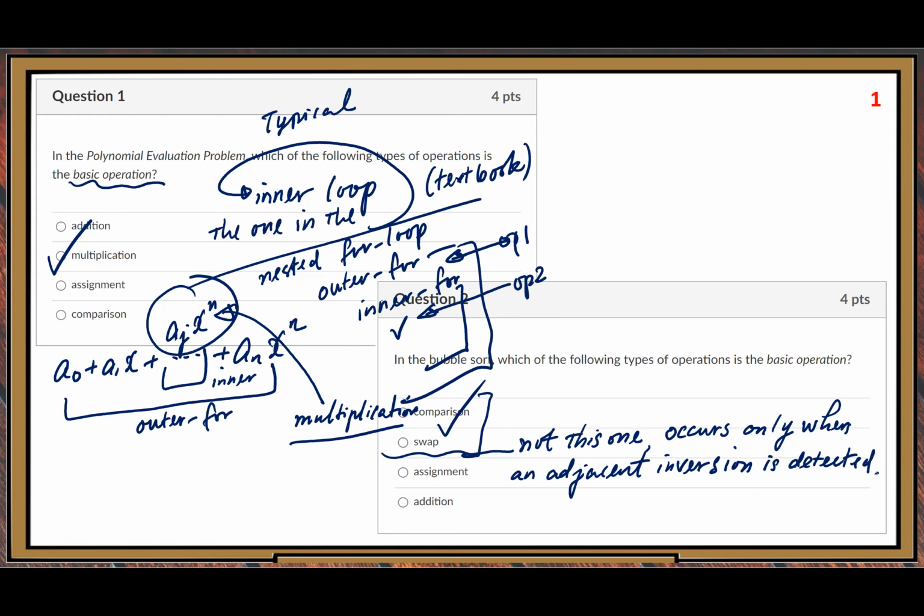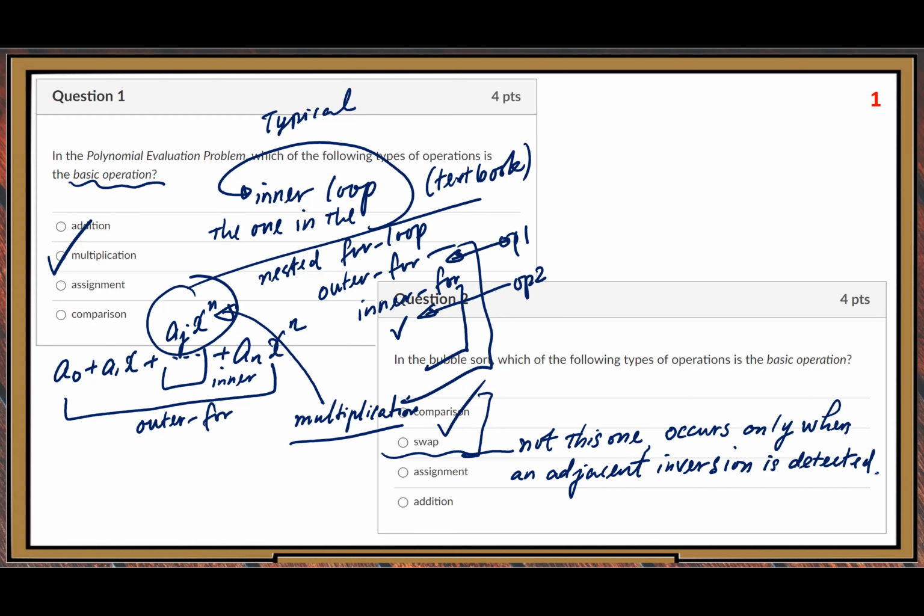Recall the bubble sort. You only look at two adjacent elements for inversion. If there is an inversion, you swap those two elements. Otherwise, move to the next adjacent pair. That's the main property of bubble sort.